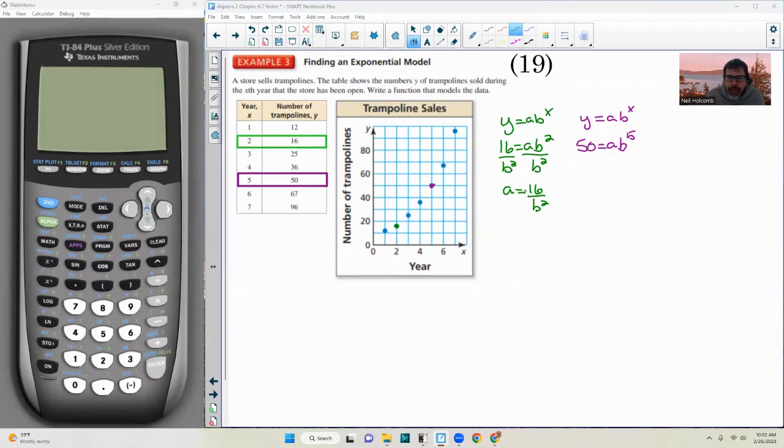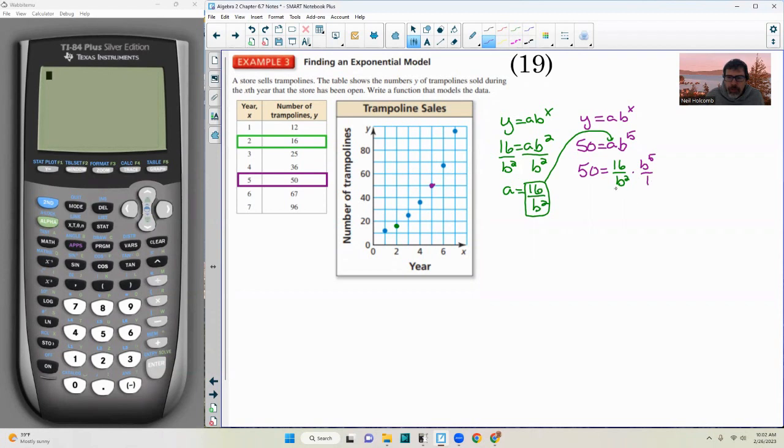I am then going to take this 16 over b squared and substitute it in for a in the other equation. This gives me 50 equals 16 divided by b squared times b to the 5th.